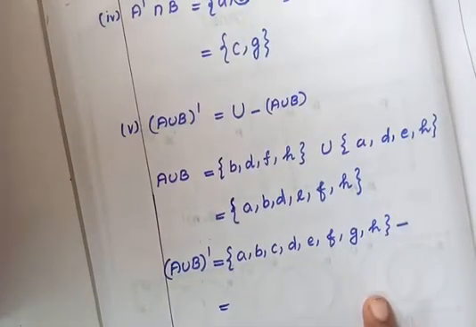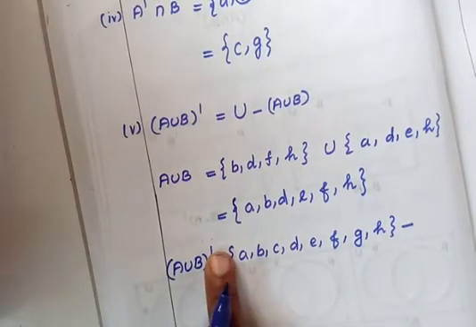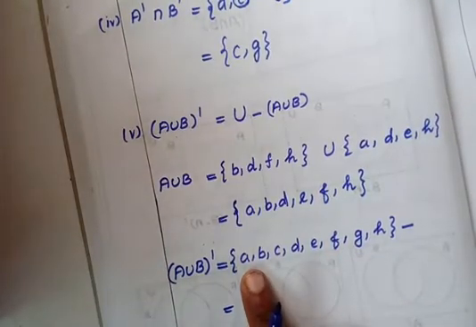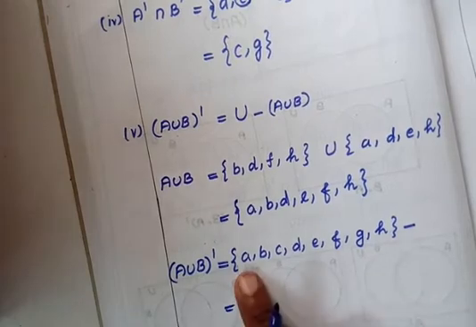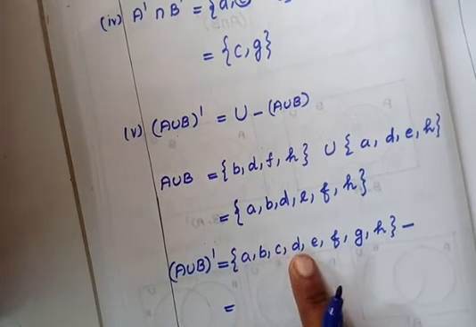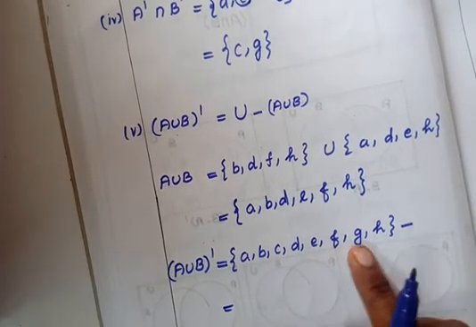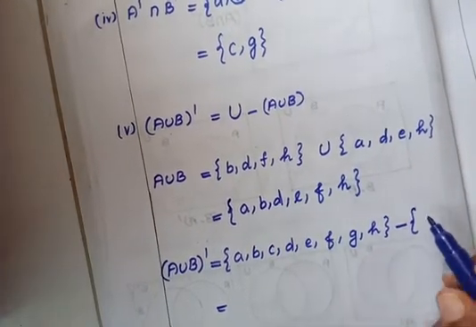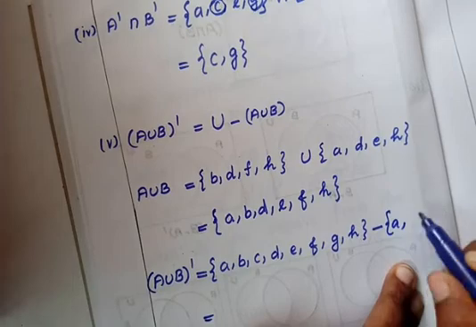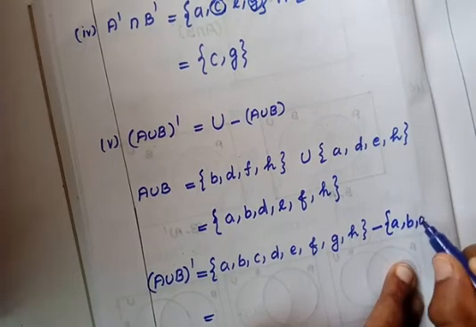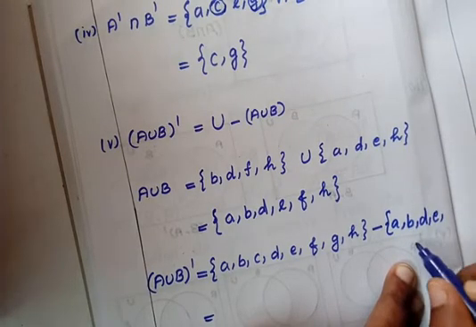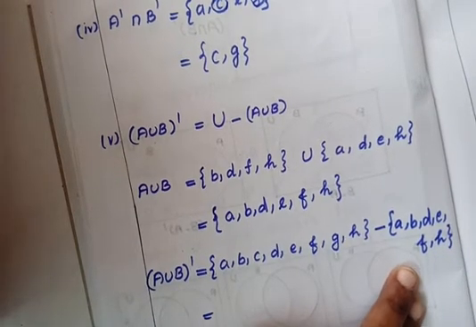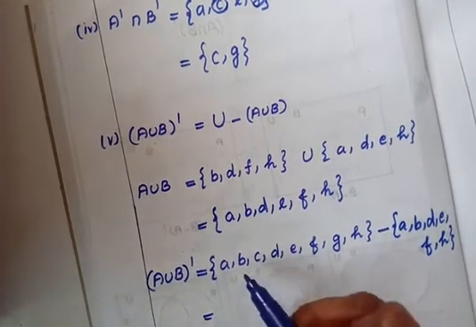Next you have to find out A union B the whole dash. That means U minus A union B. What are the elements of the universal set? A, B, C, D, E, F, G, H. Now what are the elements of A union B? A, B, D, E, F, H. Now we have to cancel the common elements.